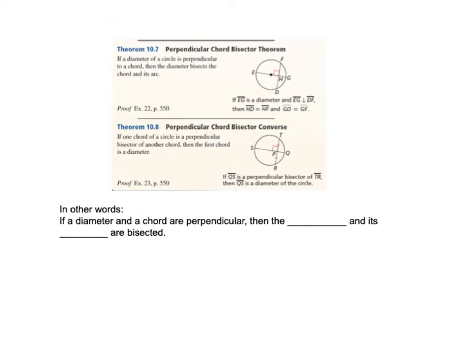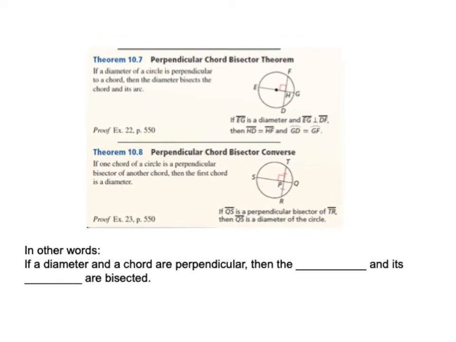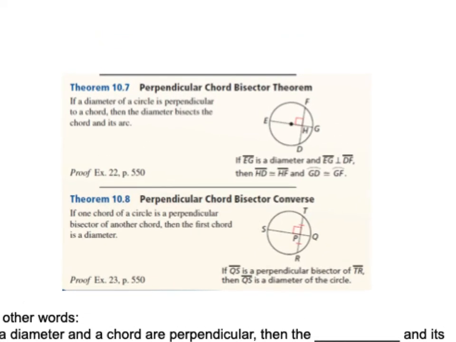All right, here we have another idea that we're going to look at, and this is when we have a chord that intersects with a diameter. So what we know, we can look up here, is if a diameter of a circle is perpendicular to a chord. So here we have EG as our diameter, and we have this chord, FD.